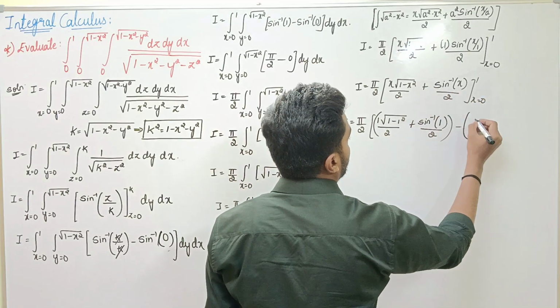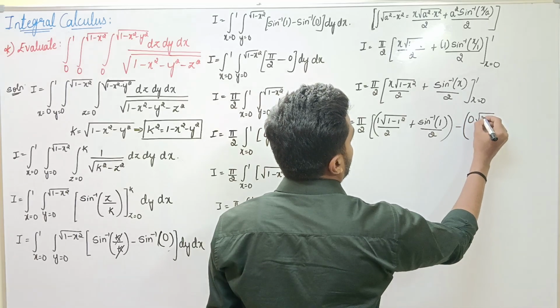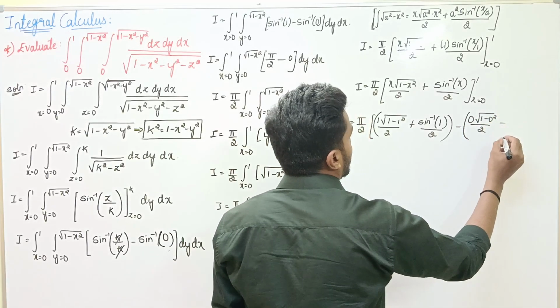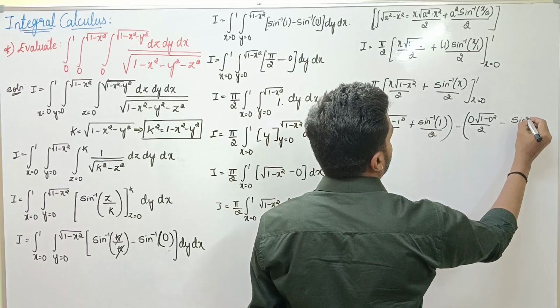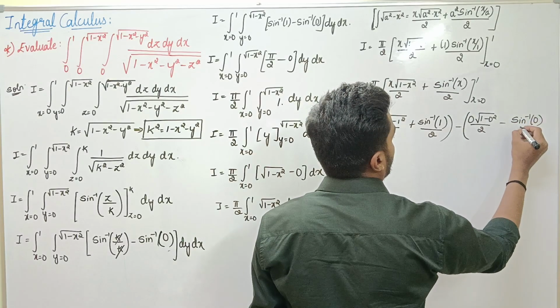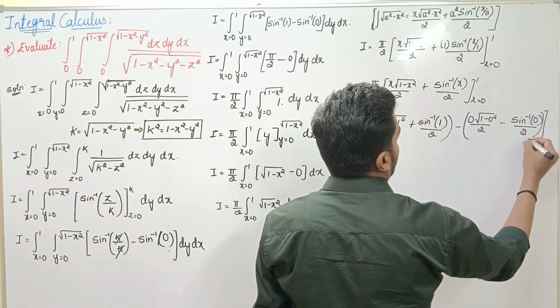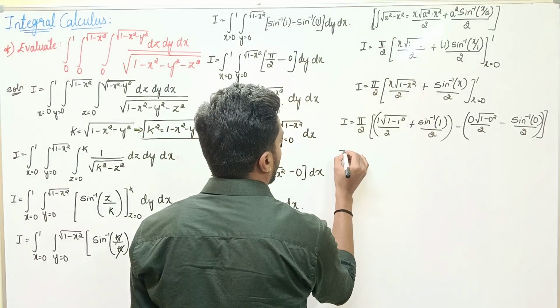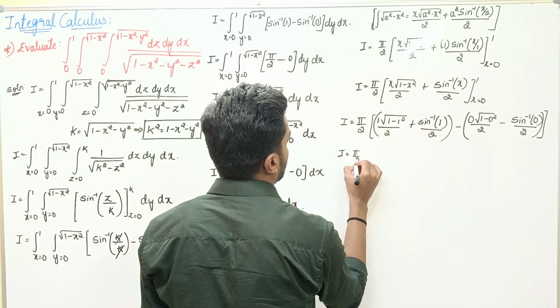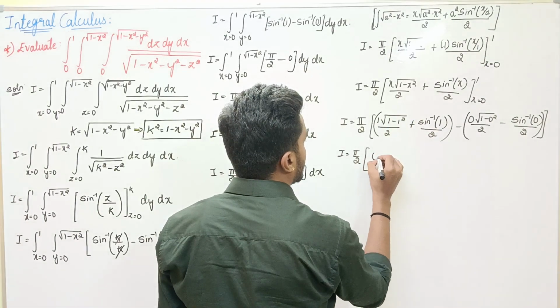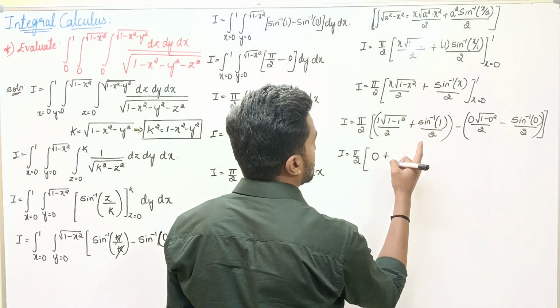In place of x we put 0: 0 into root of 1 minus 0 square divided by 2, plus sine inverse of 0 divided by 2. Okay, this is your lower limit. So I is equal to pi by 2 into 1 minus 1, which is 0, plus sine inverse of 1.